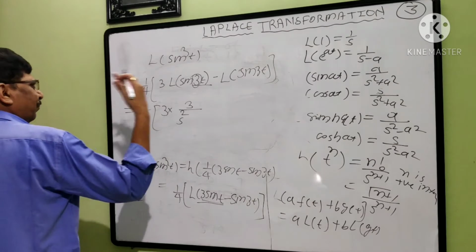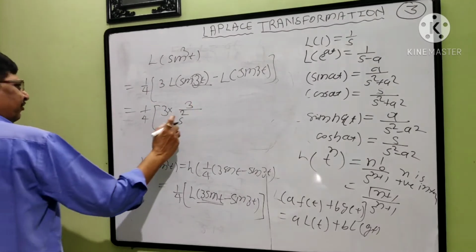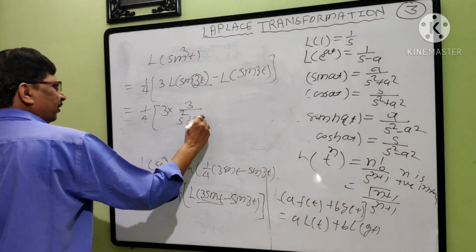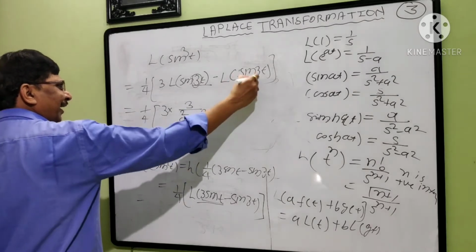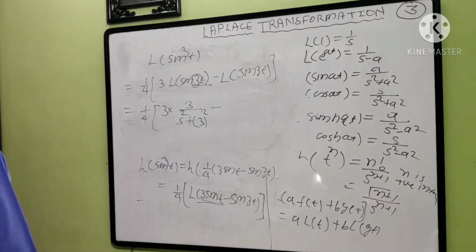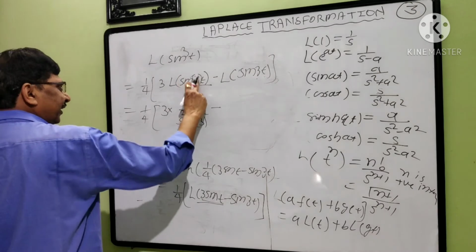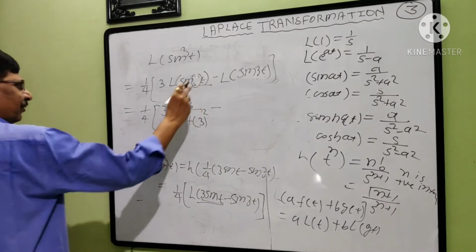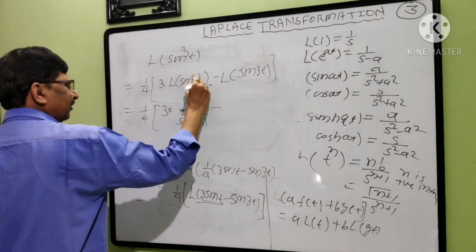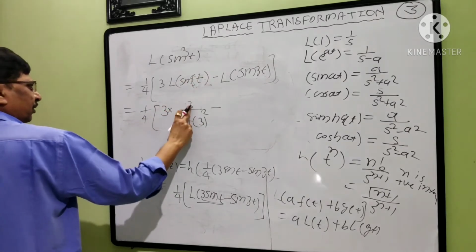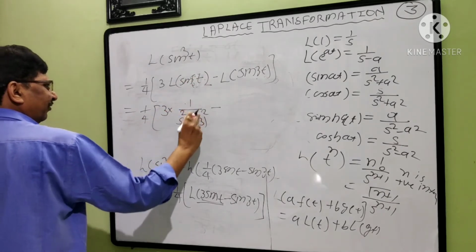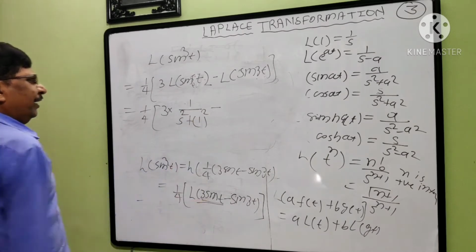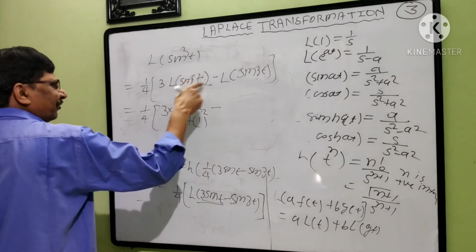If it is hyperbolic, then it is a minus. Now for the Laplace transformation of sin t, it is 1 upon s square plus 1 square. Here it is sin t only, not 3t.